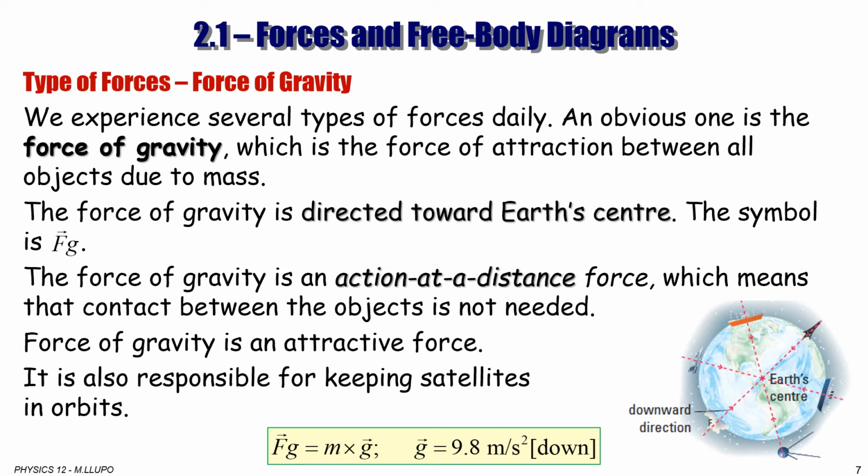It is responsible for keeping satellites in orbit. So force of gravity is equal to mass times gravitational acceleration, or gravitational field strength, which is 9.8 meters per second squared down toward the center of the Earth. We're going to learn a lot about gravitational forces and universal gravitational force and field in chapter 6 in this course.